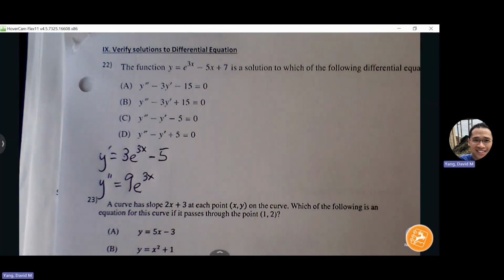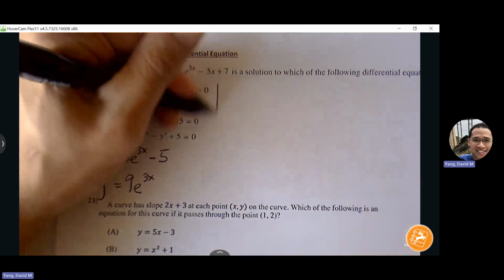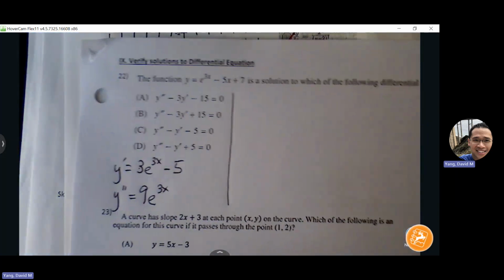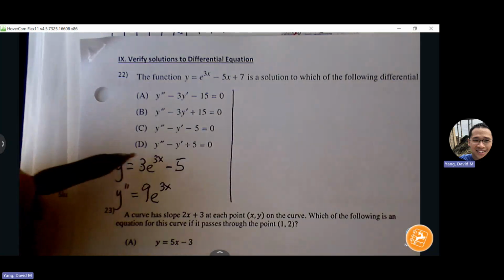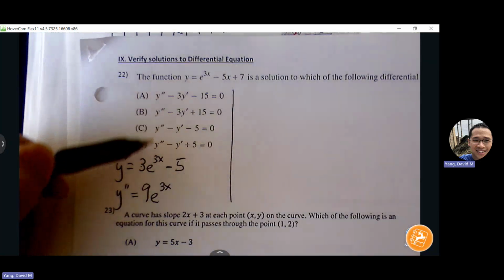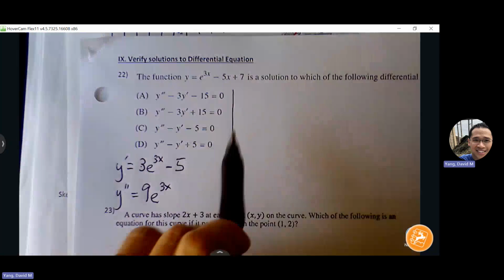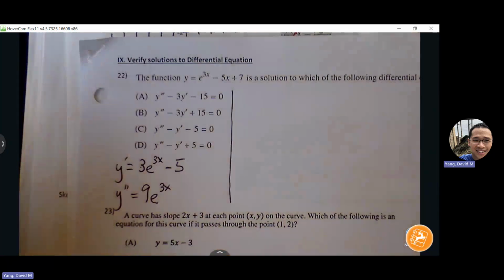Okay, so we're just testing our answer choices through substitution to find a match with the original equation. It's a little bit of trial and error: if I insert these in, which one will produce a 0?